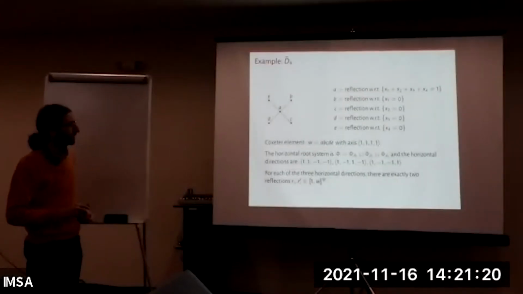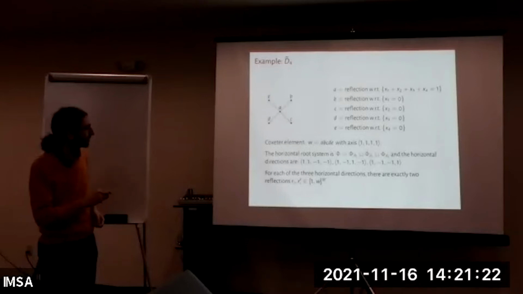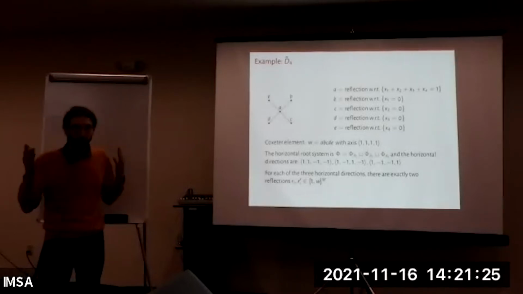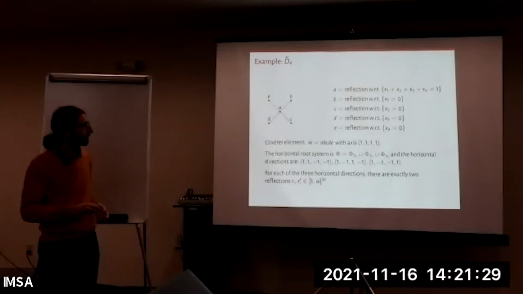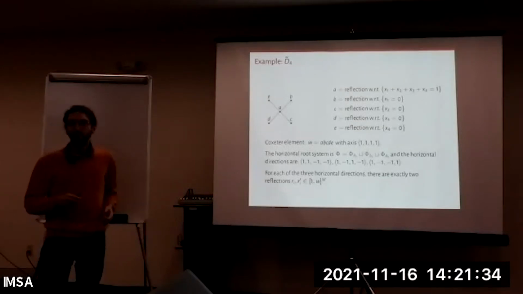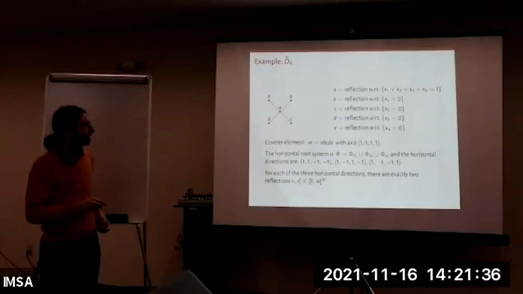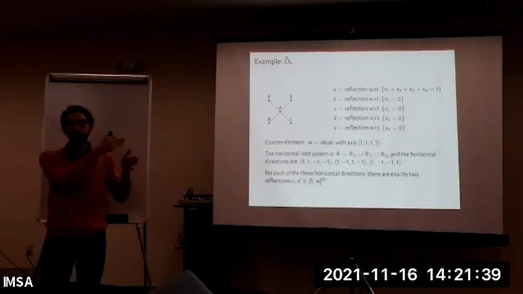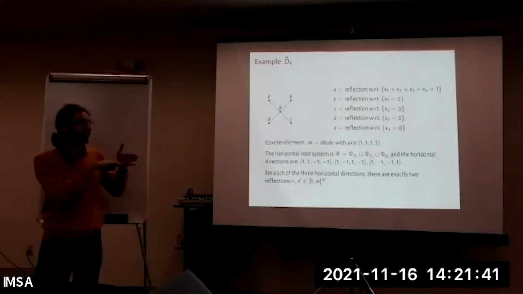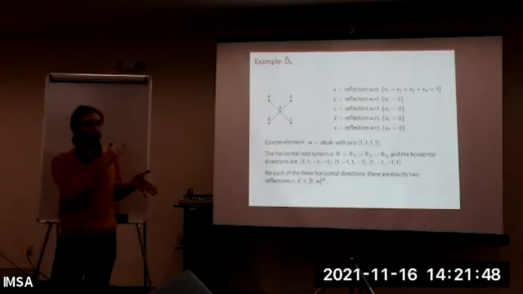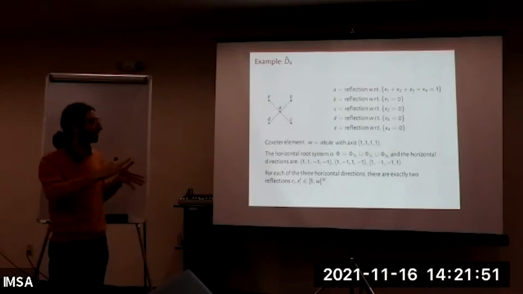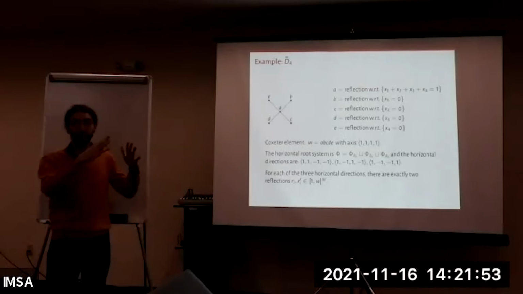So the example is the case D4 tilde. This is the Coxeter diagram, if you like to think in terms of Coxeter diagrams. Or simply speaking, we are in R4 and we have the four reflections with respect to the four standard hyperplanes plus this reflection that intersects all of them with pi/3 angle.